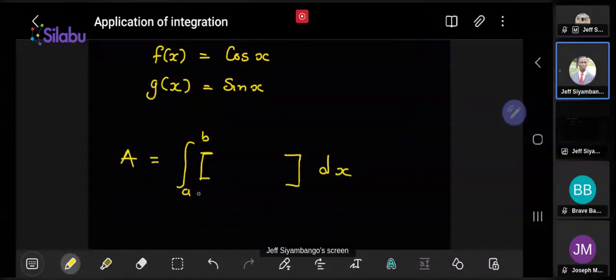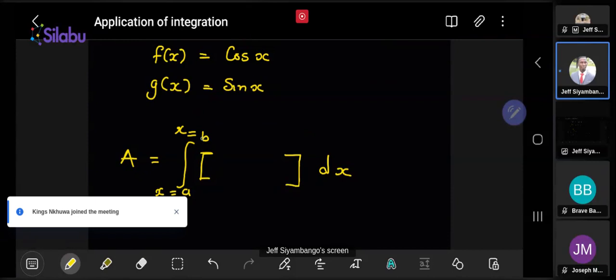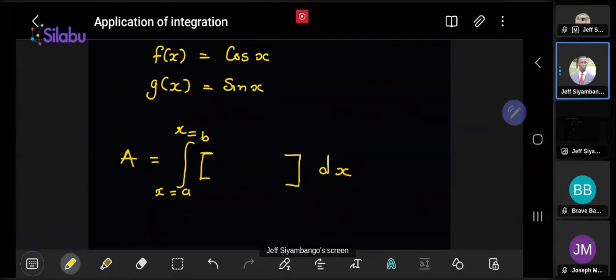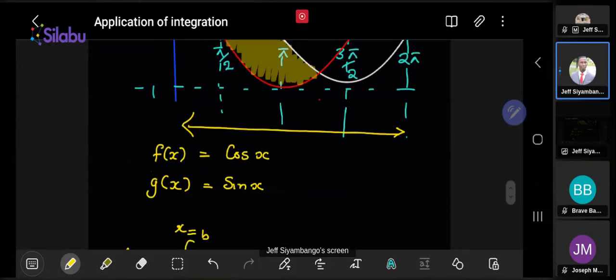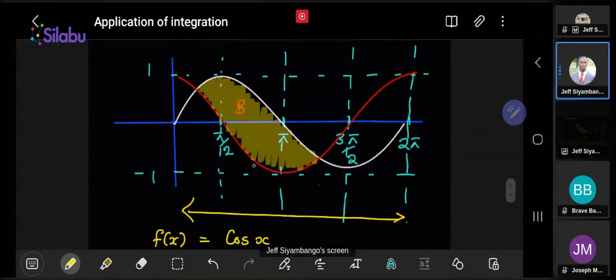My a will be x equals something, and my b will be x equals b. So in x, we're changing from x equals a to x equals b. But which function is on top? If you look at this graph, white is the function on top, and white is the sine function, which is g of x.